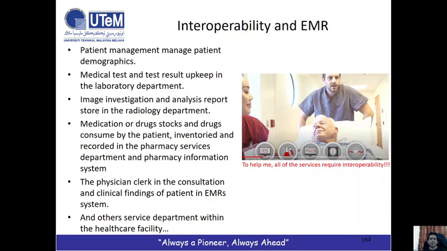Okay, when you go to the physician room or department, the physician normally logs the consultation and clinical findings of the patient in the EMR system. So different departments, different services, they have their own set of data of the patient. Yeah. So interoperability of EMR is very important.